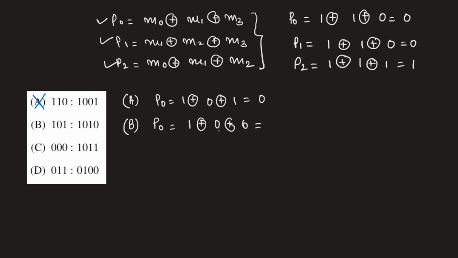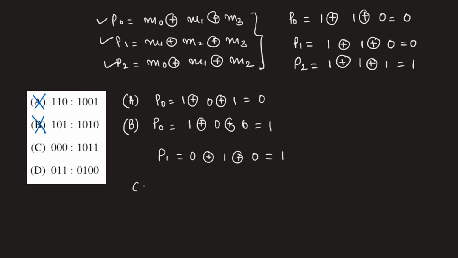So 1 XOR 0 is 1 and 1 XOR 0 is 1. P1 is 0 XOR with 1 XOR with 0 which is 1, which is not as mentioned in the option. So option B is also incorrect.